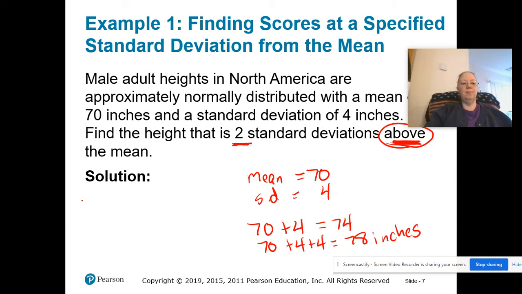You would take your mean and subtract 4 inches, so 66 inches would be 1 standard deviation below the mean. And if we subtract 2 standard deviations, now we're at 62 inches. So this height would be within 2 standard deviations, but this time we're below the mean.